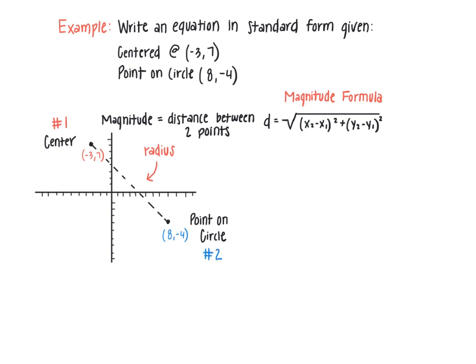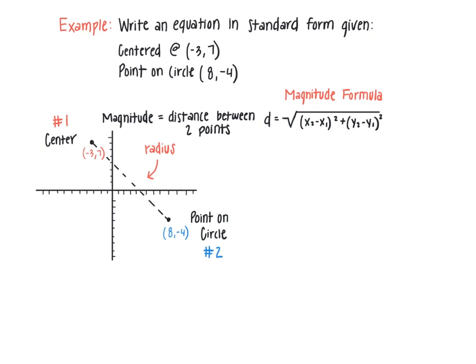And now I'm just going to plug in the information into the formula. So point 2's x value is 8 minus negative 3 squared plus negative 4 minus 7 squared.